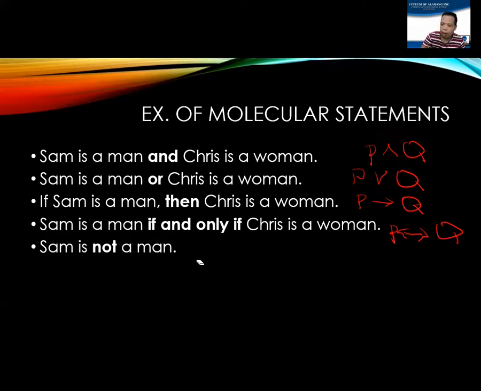So we have here not, to specify not P. So again, do not forget the well-formed formula, the logical connectives, the symbols that are being used, and the sentential or propositional variables.